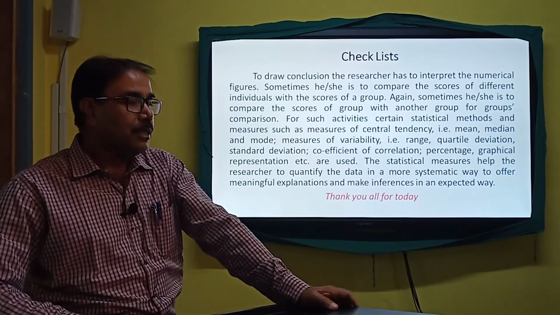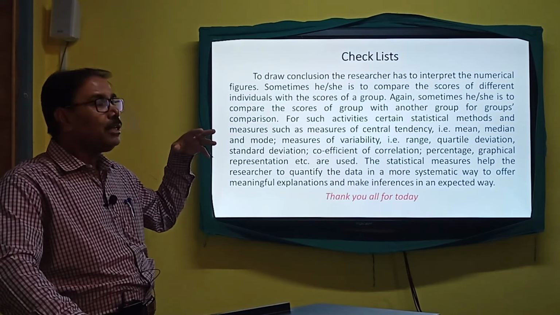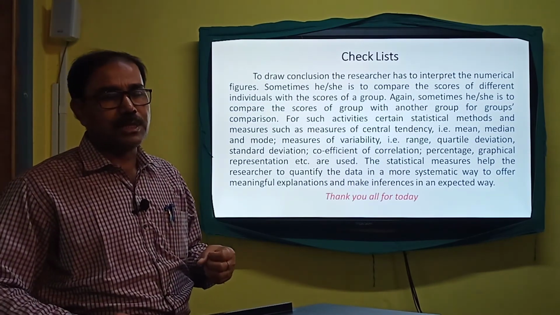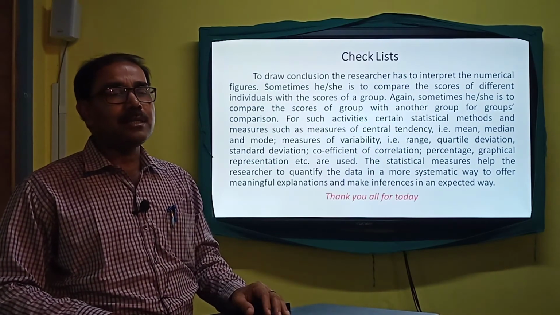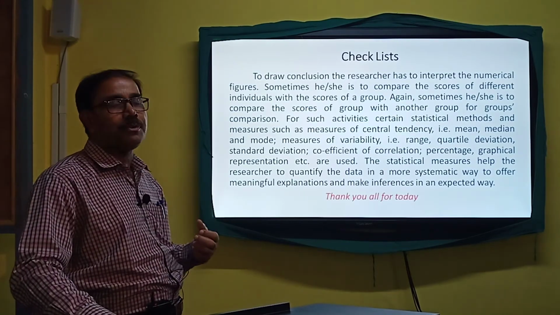So friends, this much concerning the opinionnaire or attitude scale as well as the checklist, which are basically used in the field of research as tools for the collection of data.